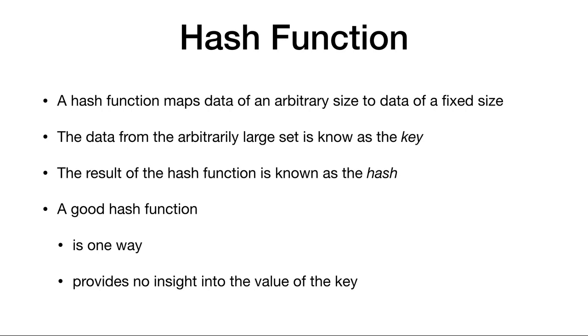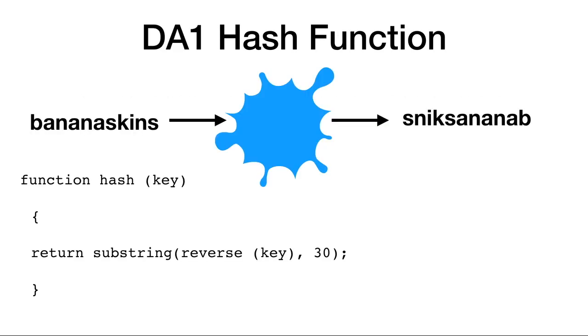Now, a good hash function is one way, so that it provides no insight into the value of the key. So let me show you a particularly bad hash function. This hash function takes a string, and then it gets the reverse of the string that's passed to it. It takes the reverse of the key and then uses the first 30 characters and returns that.